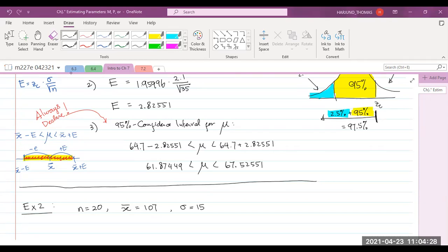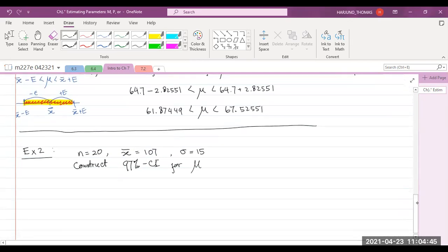Then construct, let's say, a 97% confidence interval for the average IQ score of students, let's say at West LA College, if these samples are from West LA College.